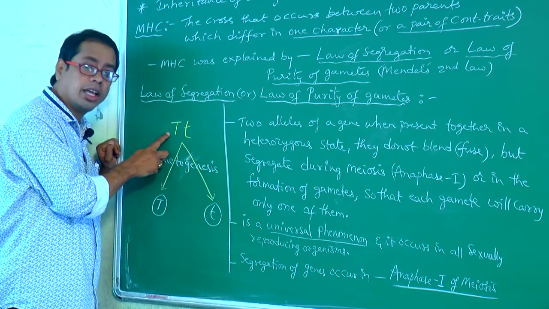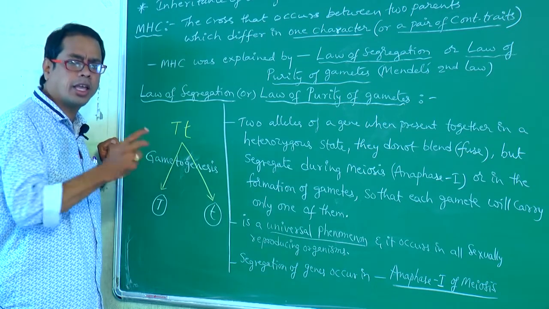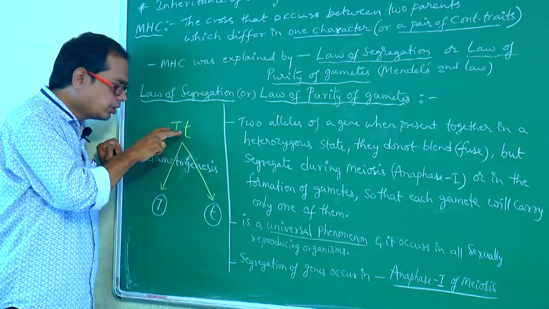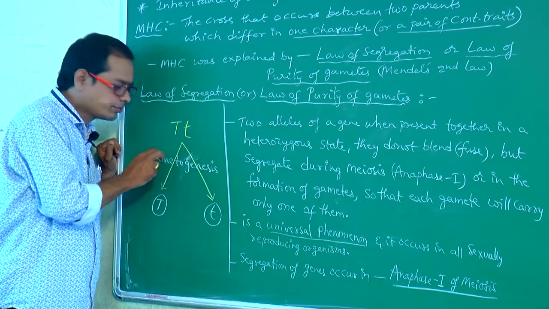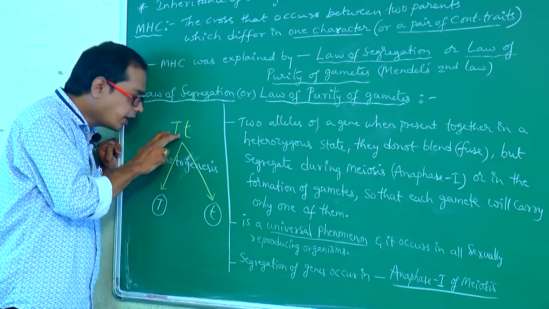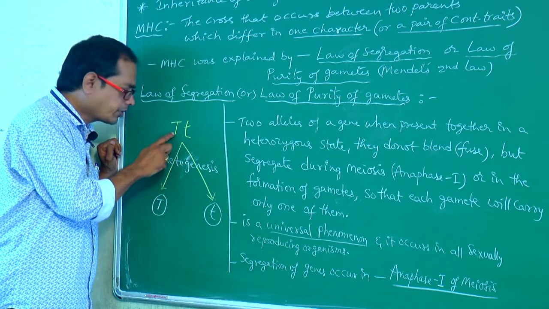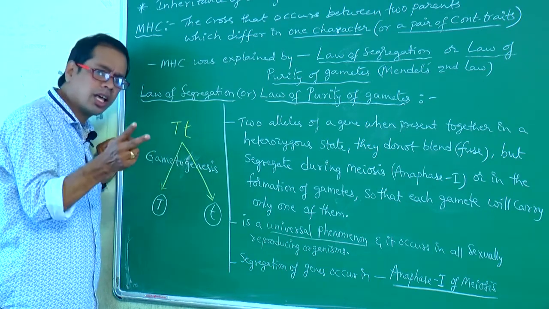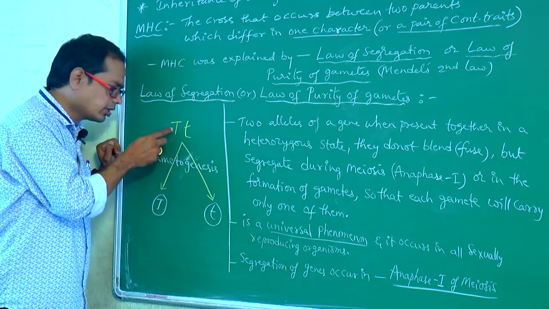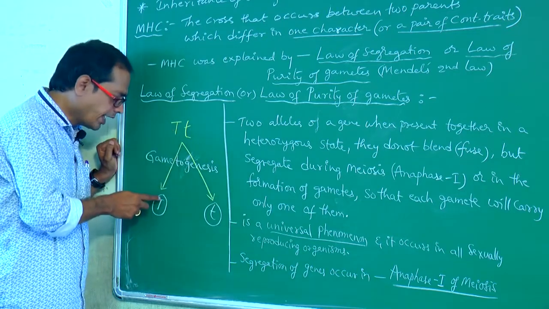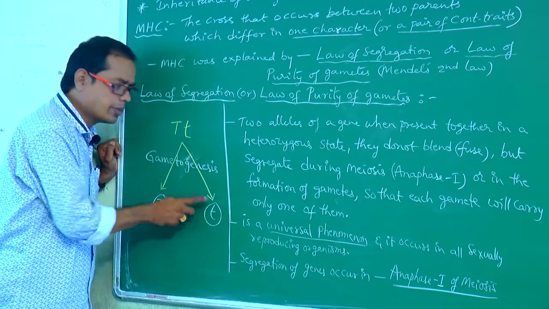This one is called heterozygous tall, that is a gene is represented by a pair of alleles. These two alleles are in heterozygous state. Hetero means different. Capital T, small t. Two alleles are different. So during gametogenesis, this capital T enters into one gamete, small t enters into one gamete.